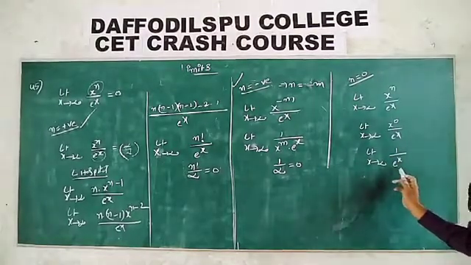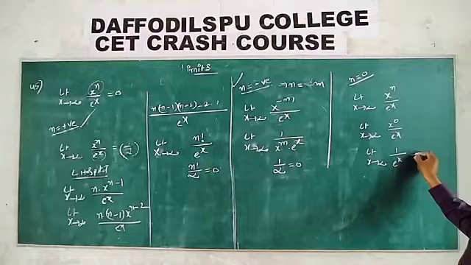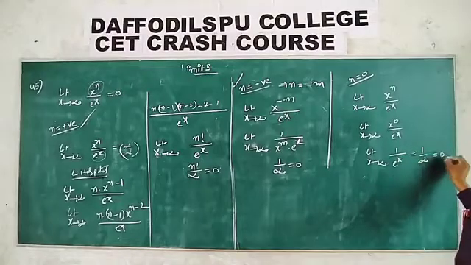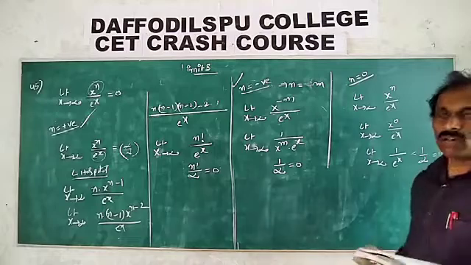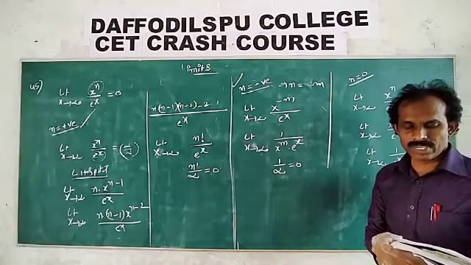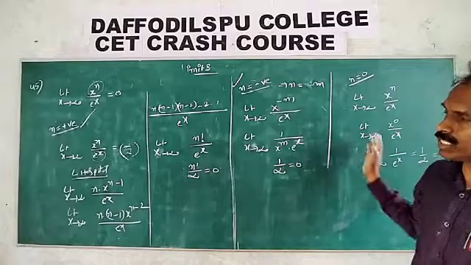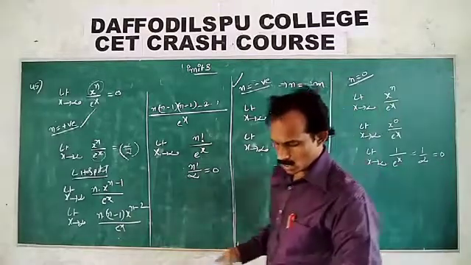Now substitute x tends to infinity: 1 by infinity. That value is 0. So finally, for all values it is 0. So which option is the correct answer? All values of n. n is an integer: positive integers, negative integers, and 0 also.